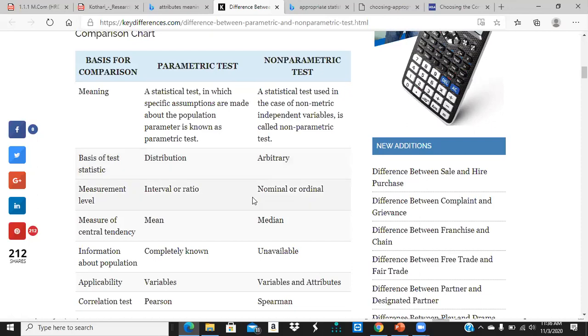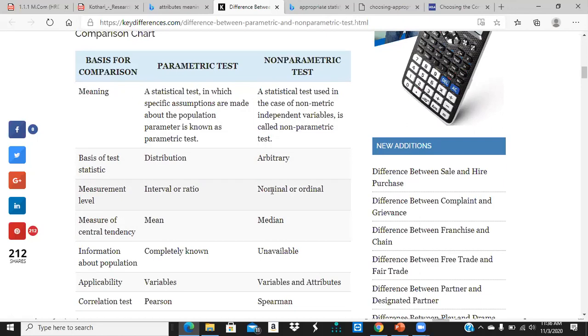Then measurement of scale. See here, the measurement scales given for parametric tests are interval and ratio scale. Interval means 25,000 to 30,000. If annual income is 25,000 or 30,000, that value represents the variable exactly. Ratio means exact value, like 25, 30.